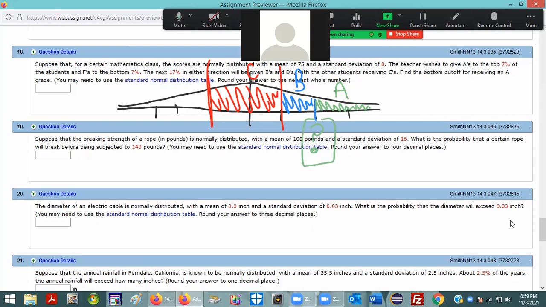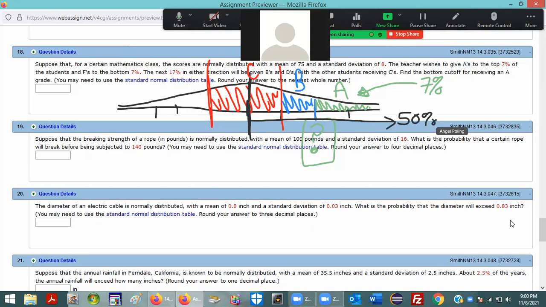And so what we need to do is find the z-score for this location, right? When we reread the problem a little, they're telling us that the area of the A's is 7%. If we then remember that the area of one half of this is 50%, right? So we have 50% of the graph on one side of the median, mean, and we have 50% on the other, right?